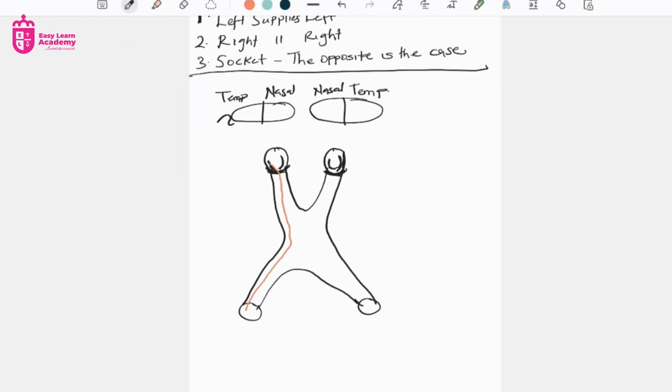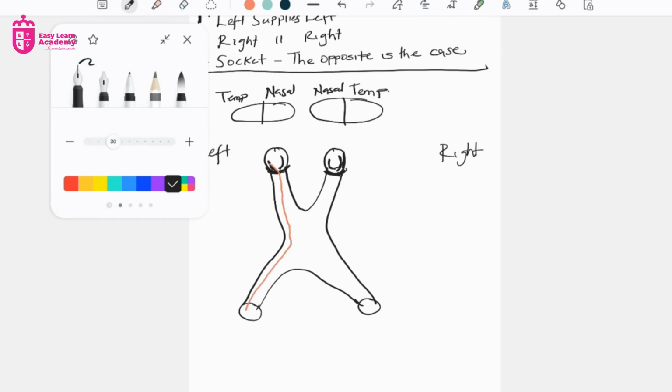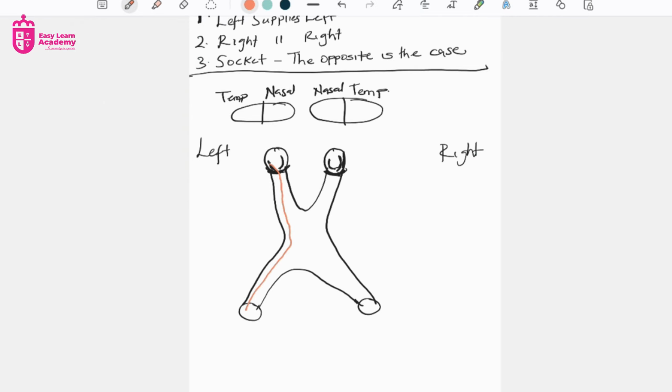So back here, this is the left side, and this is the right side. Following our rules, if you see what has happened, the left below the eye socket has stayed on the left side. So this is all on the left side.